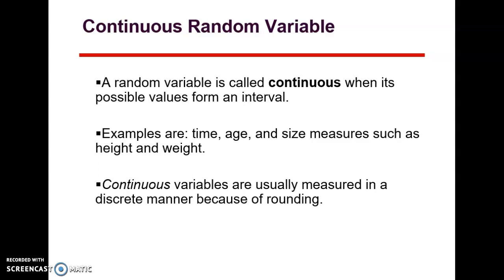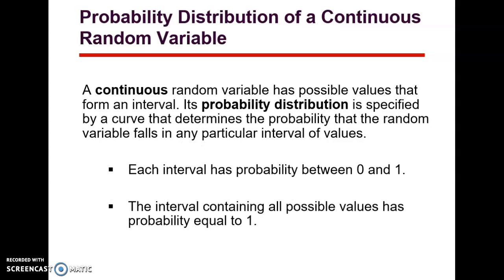Now we look at continuous random variables instead of discrete or categorical ones. I think you already have an idea what continuous means, and they just remind you here. If we look under the bell curve, we're looking typically at intervals. So if we have a dog breed with an average weight of 50 pounds, and we want to know the probability of a dog having a weight between 45 and 75 pounds, we're looking at an interval from 45 to 75 pounds.